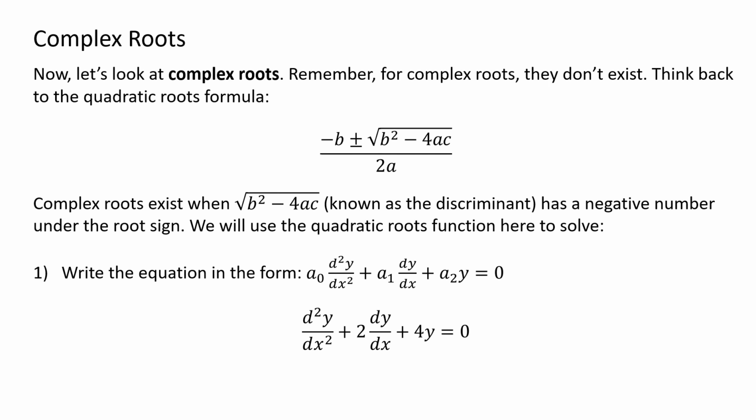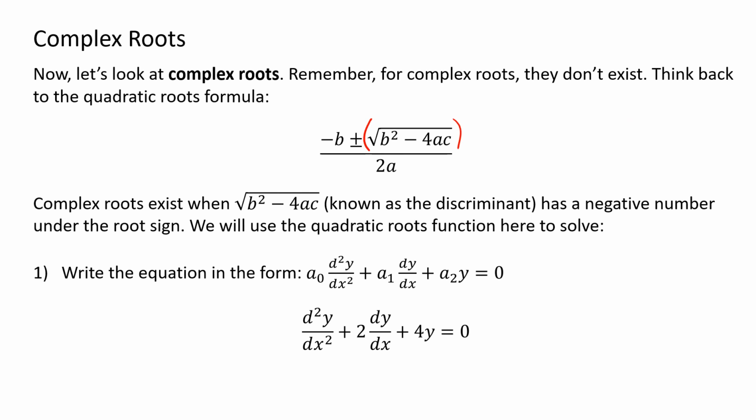The reason for that is because this root term, which is known as the discriminant, has a negative number under the root sign. So remember, to remove a negative number, let's say we had the root of negative 1, we write it as just i. Sometimes you might see it written as j, but either or, they're kind of interchangeable. So you substitute that in, and that becomes a complex number.